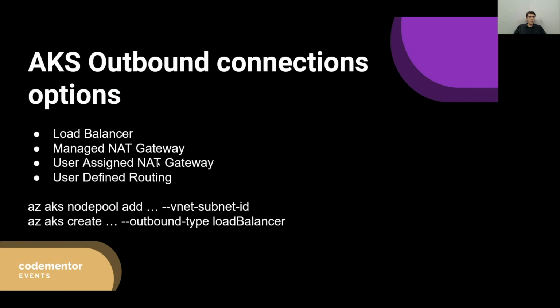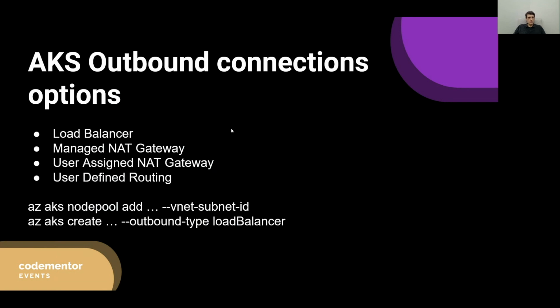The second and the third options are NAT gateways, effectively just managed or user-created, and the user-defined routing. We will not cover user-defined routing today, and we'll focus on the first 2 options. You don't have these options on the user interface at all. So if you use CLI to create Kubernetes, it would be the outbound type option.